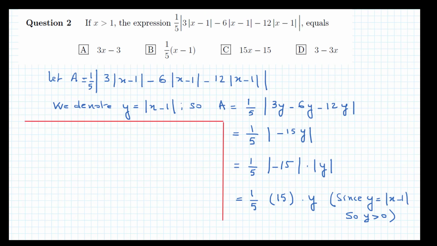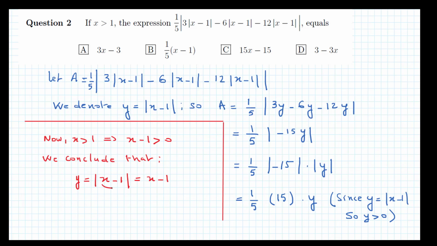And this gives 3y. Now, coming back to the expression of y. For x greater than 1, we know that x minus 1 would be positive. So we conclude that y equals x minus 1, since x minus 1 is positive. As a conclusion, A equals 3 times (x minus 1), which is equal to 3x minus 3. So the right answer here is A.